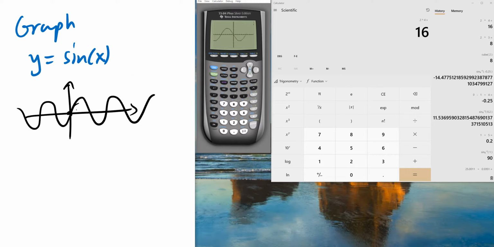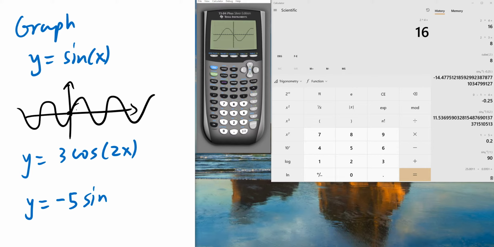See? We graphed y equals 3 cosine 2x and y equals -5 sine x over 2. The period is 4 pi, really big, and it was a reflection, and the amplitude is 5.